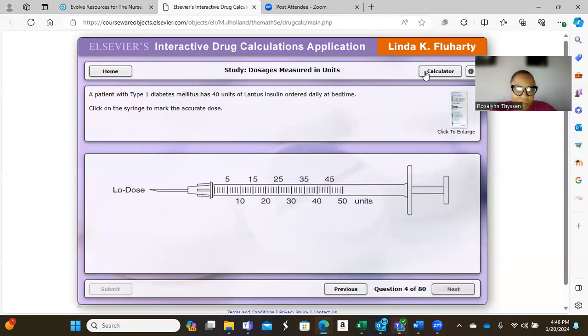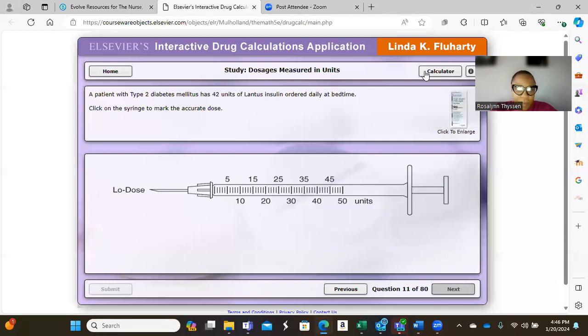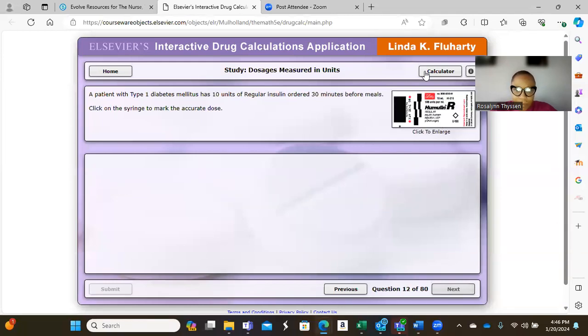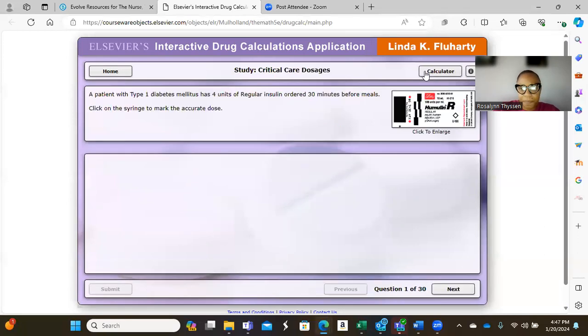Let's get to some math problems. So let's look at critical care dosages.